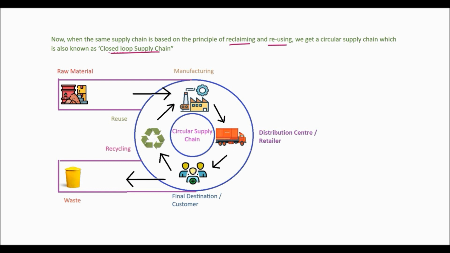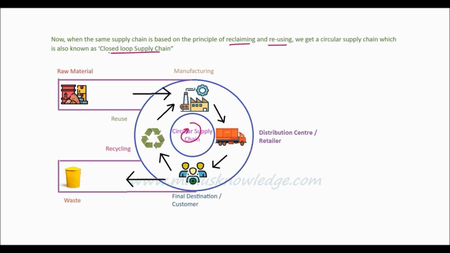From there it goes to the final destination or the customer. Now, some portion of the product after use goes to waste. However, most of it is recovered through recycling and reused. So this, as you can see, is a circular supply chain.